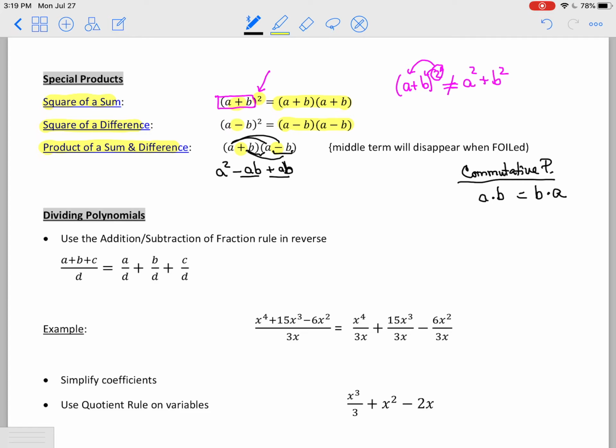Okay, and then finally we have this positive b times the negative b, which is going to give us negative b squared. And what we see is if we have a negative ab plus an ab, those middle terms disappear, leaving a squared minus b squared.